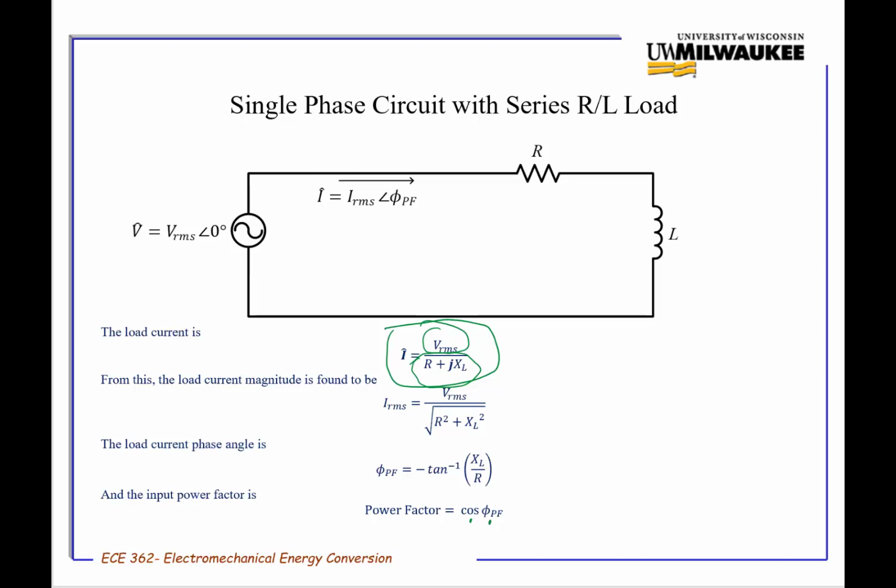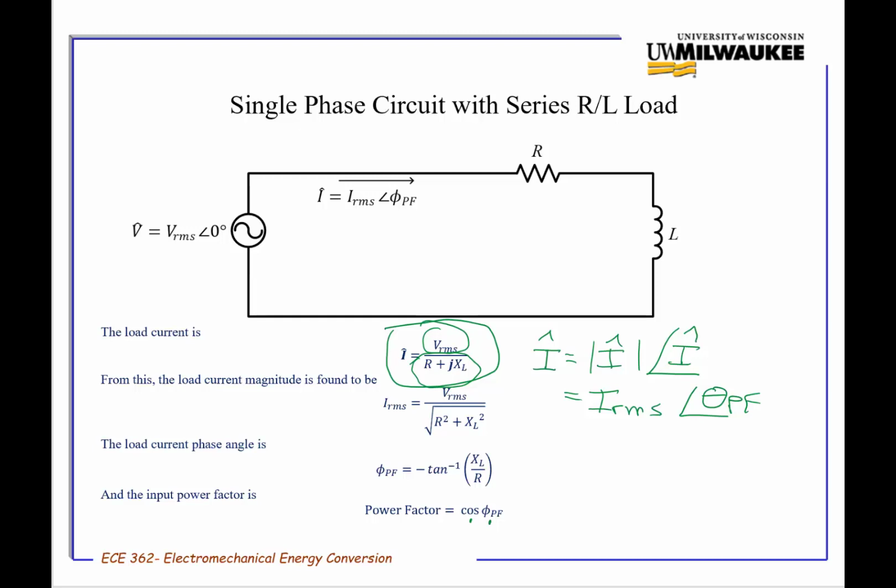How do you do that? Well, you have to find the magnitude of that current phasor, and you have to find the angle of that current phasor. We already know that the magnitude of the current phasor is going to be IRMS, and the angle of the current phasor is the power factor angle.